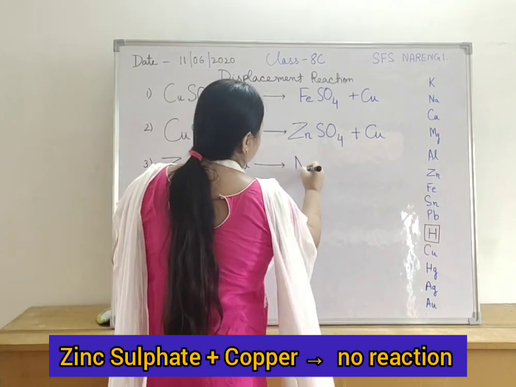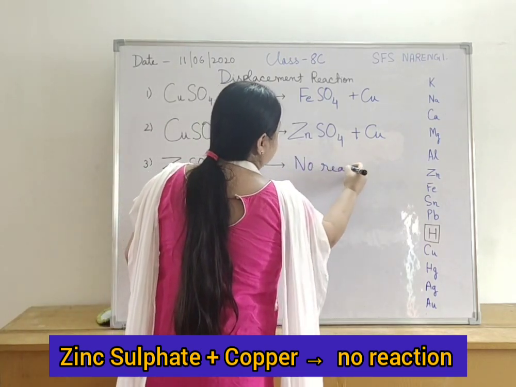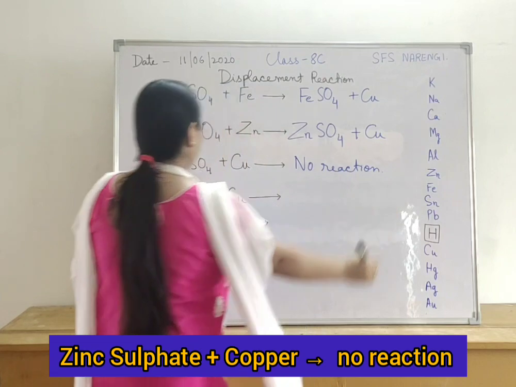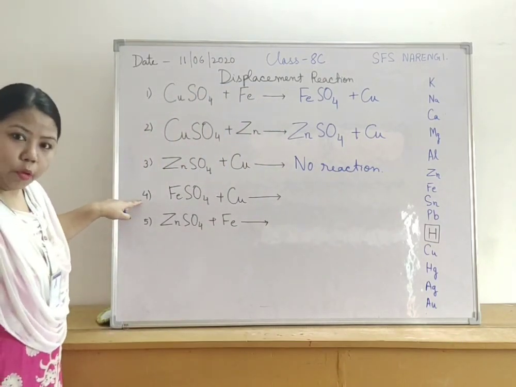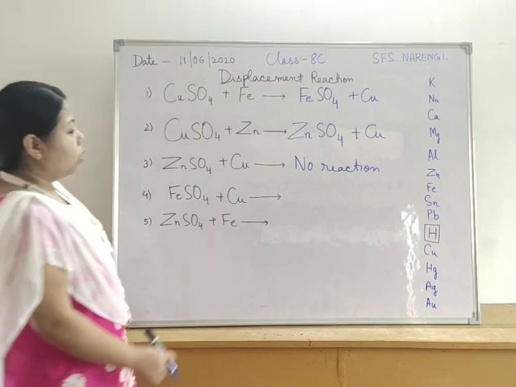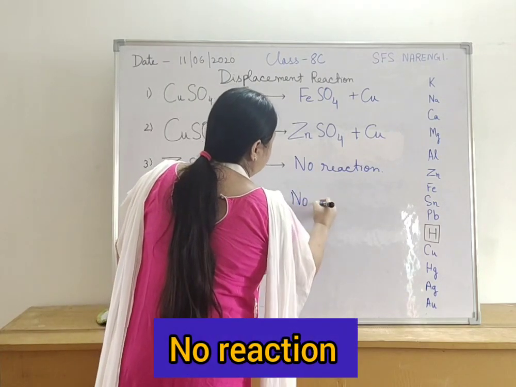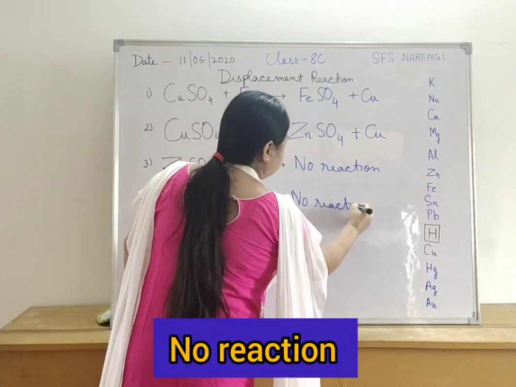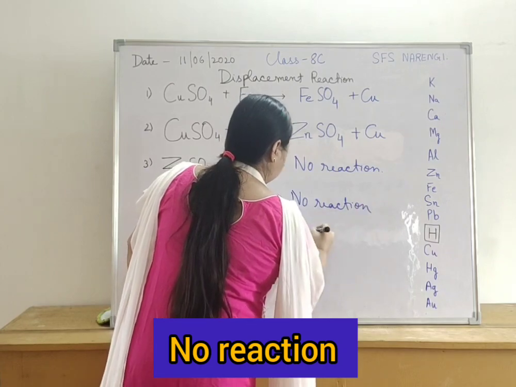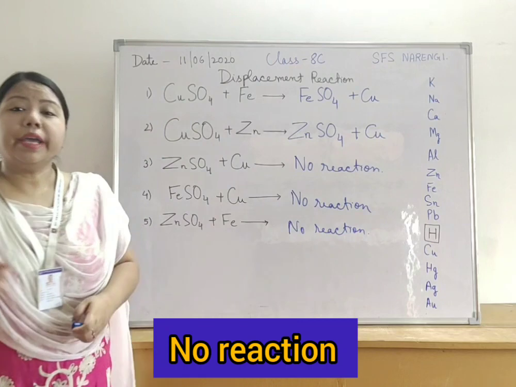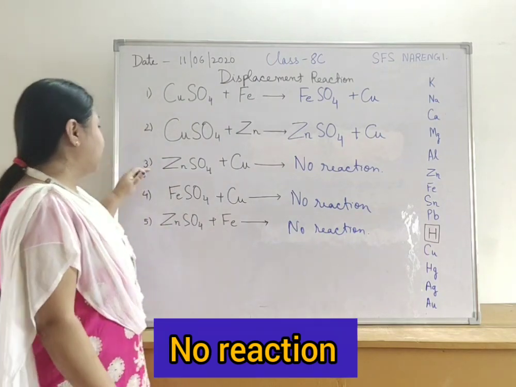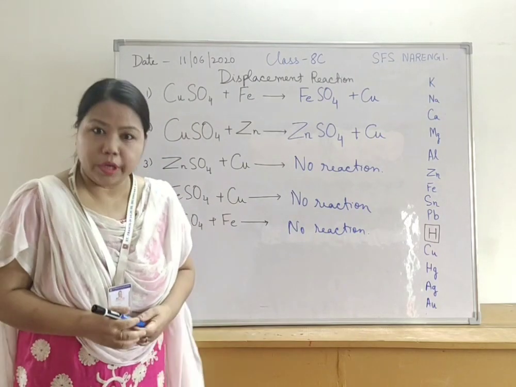Here there will be no reaction. Similarly, in cases 4 and 5 also there will be no reaction. But why is it that in these 3 cases there is no reaction?